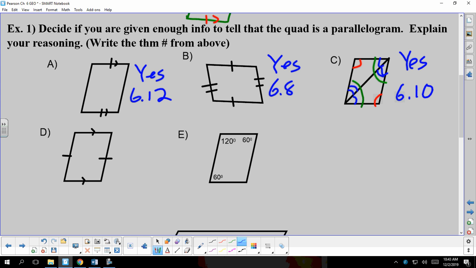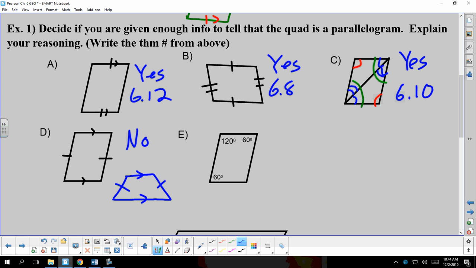What about this one? B. Enough information? No. So let's remember, if we do say no, what's our counterexample? What if we had something like this? I'll make it extreme. But if we had an isosceles trapezoid, that's not a parallelogram, but it has something like that picture.